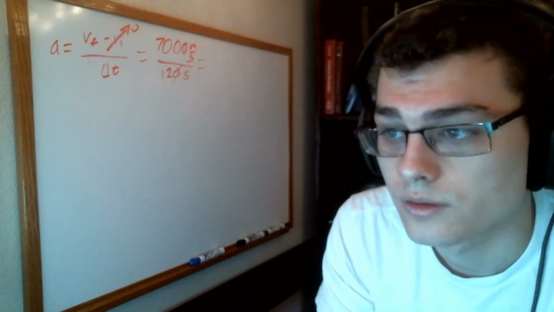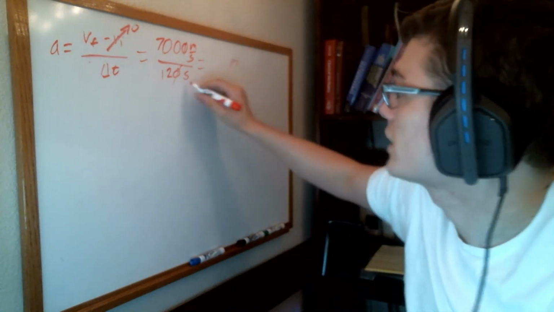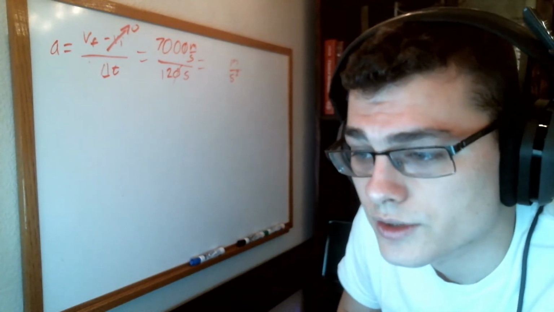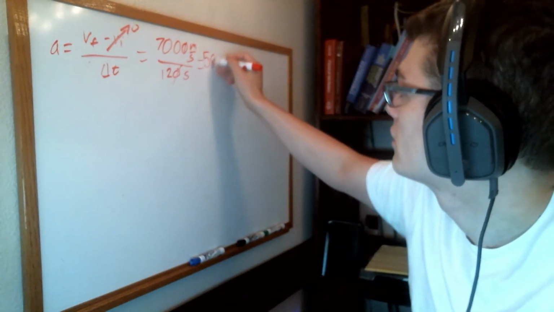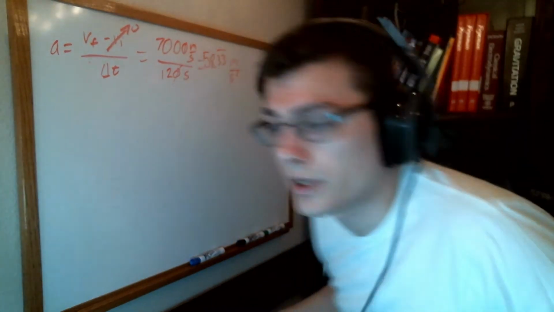And so this is going to be in meters per second squared. We can already do our units off the bat. And so this is going to give us 58.3 repeating. And so we can write that.